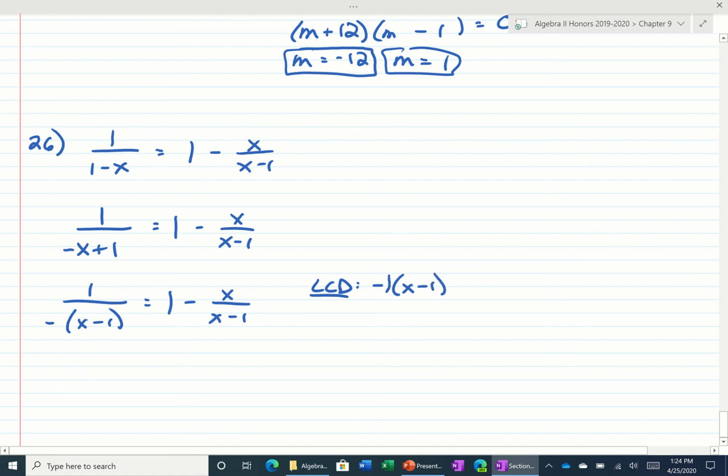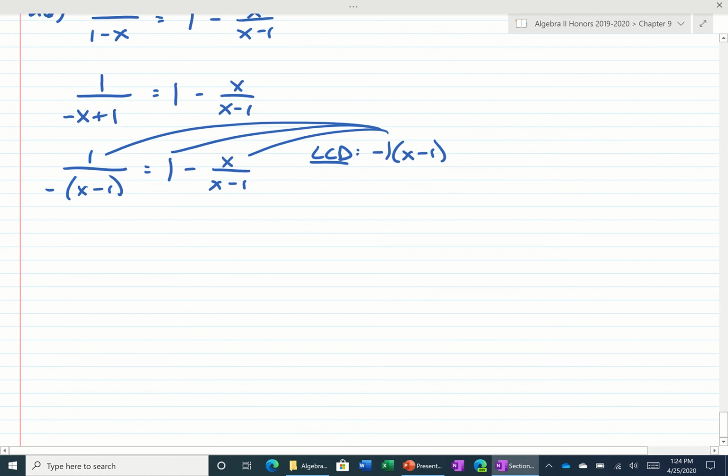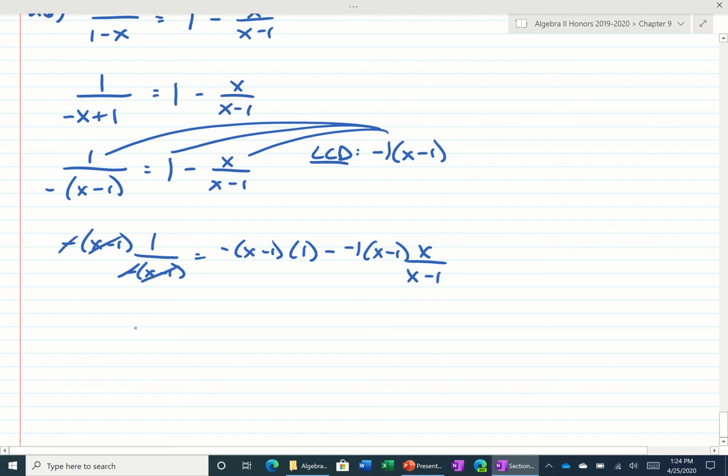And remember, negative is really just negative 1. If we go ahead and multiply everything by that, just be careful with all the negatives floating around. These would cancel. These would cancel. You get 1 is equal to negative 1 times x minus 1.